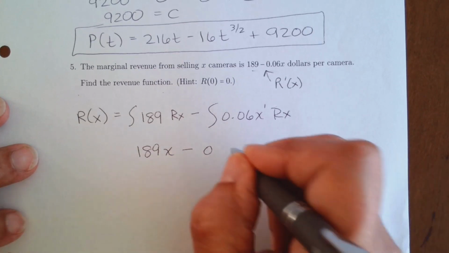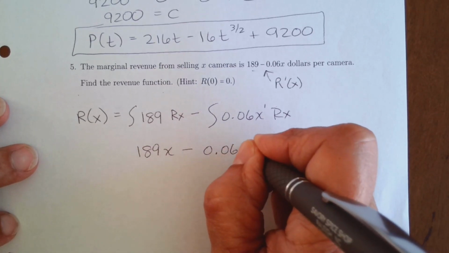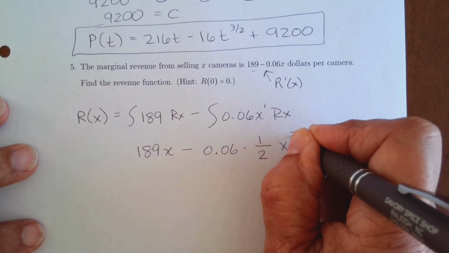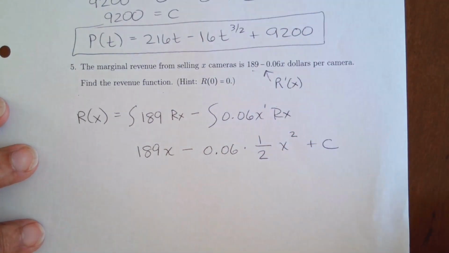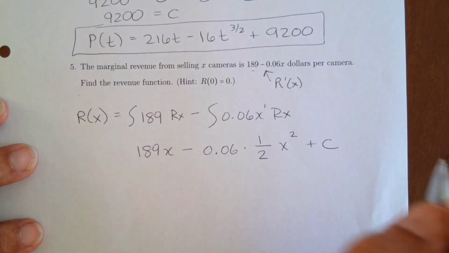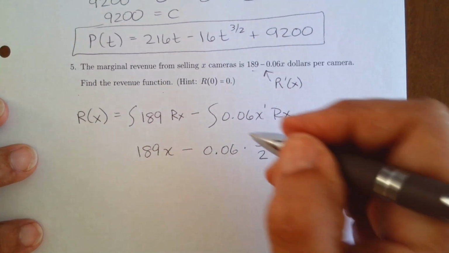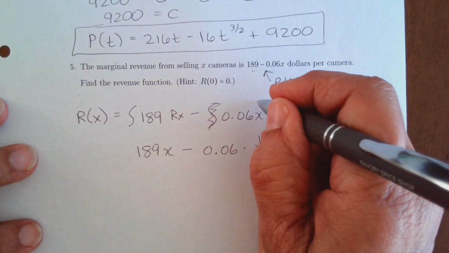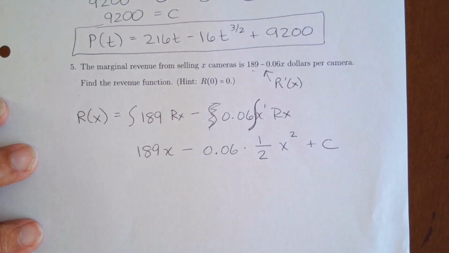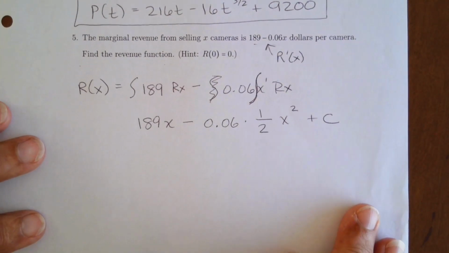So 0.06 times 1 over 2, and then x squared, and then we've got our plus c. I should have brought the 0.06 out front, that should be in front of that. My mistake on that one.